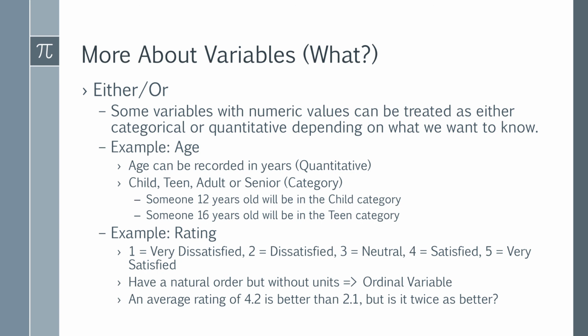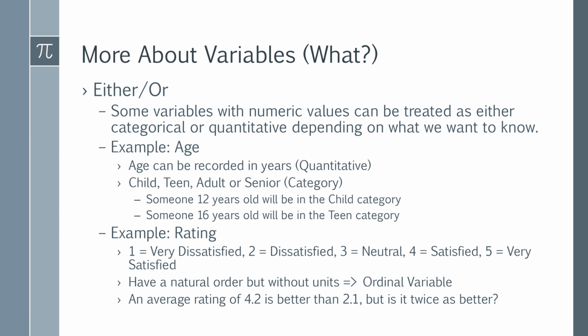But you could take that and then categorize it. Someone who's 12 years old may be put into a child category. Someone who's 16 years old may be put into a teen category. So depending on how you want to use that data, you could use it as quantitative or categorical, depending on how you categorized your different ages.